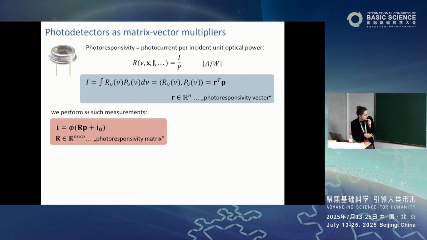Because if you look at it the other way, the current is actually the inner product of the responsivity matrix and the image. The image is basically like a spectrum, with different powers at different wavelengths. So here you have a spectrum vector, and here you have the photoresponsivity matrix.